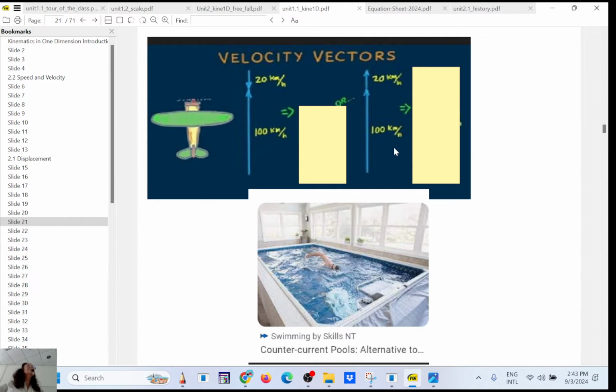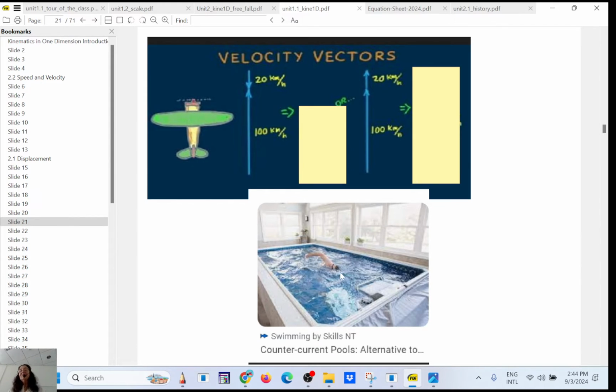If you have a tailwind, you still have an engine working at 100 kilometers per hour, but now the wind is pushing you. What's going to be your speed relative to the ground? 120. It gets more complicated in 2D, but for now we are in 1D.